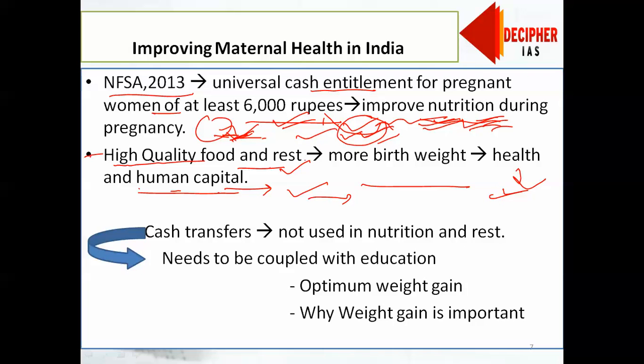Okay, so this cash transfer of 6,000 rupees, if it is not used on nutrition and the rest, then it goes down the drain. The IMR doesn't improve. NNMR, neonatal mortality rate, rises, and many more children die during the first month of their life.